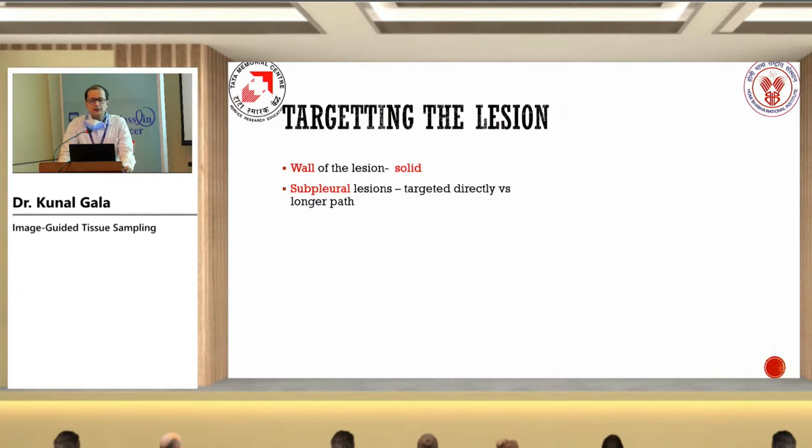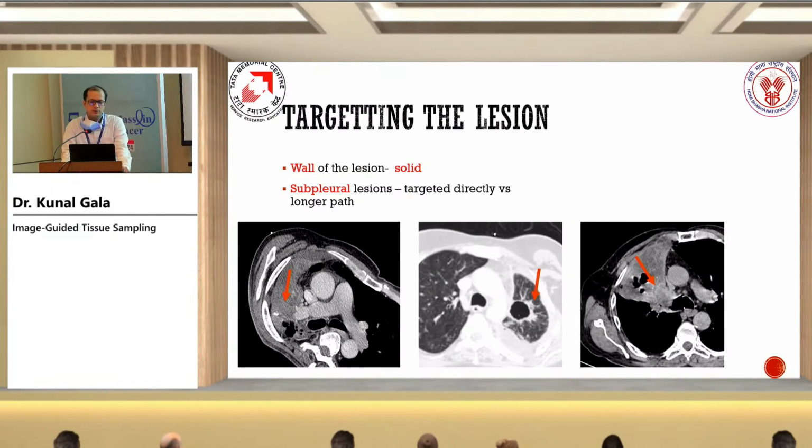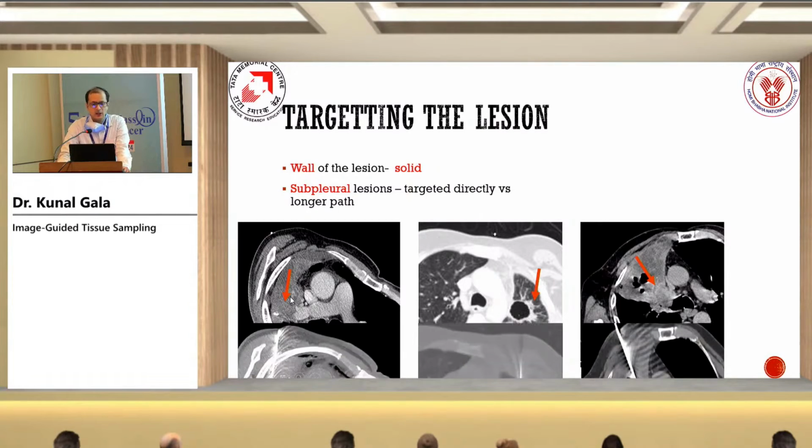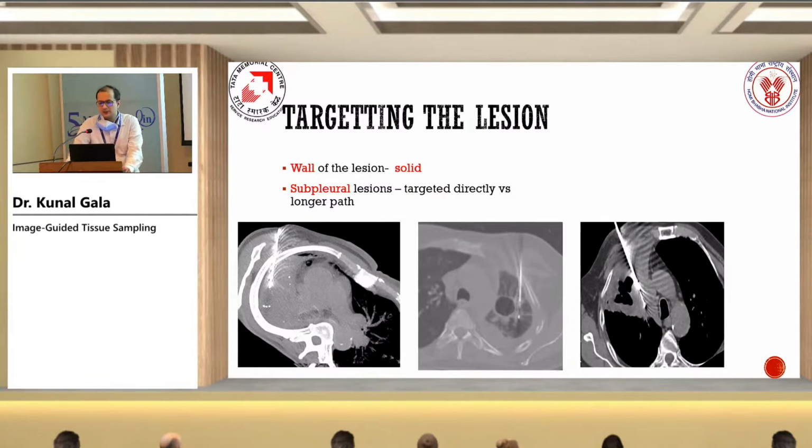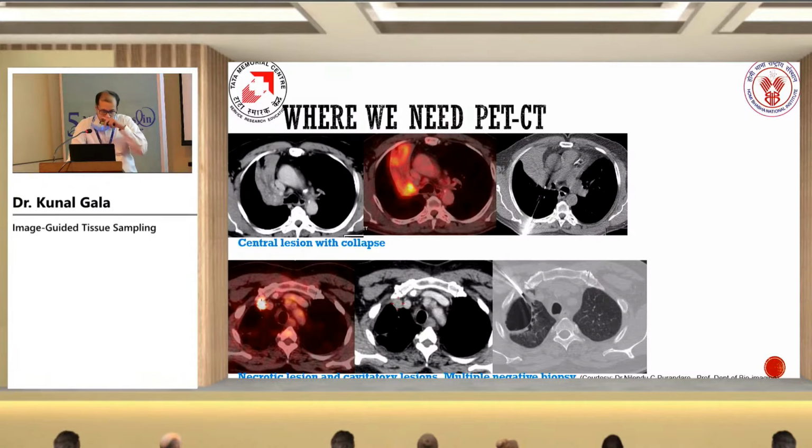In targeting the lesion, always and always, the peripheral wall, a solid area needs to be targeted, as you can see here, or a central hilar mass needs to be targeted, or a solid enhancing area needs to be targeted. And this was easily targeted, and where we need a PET CT scan. So this is a central hilar lesion.